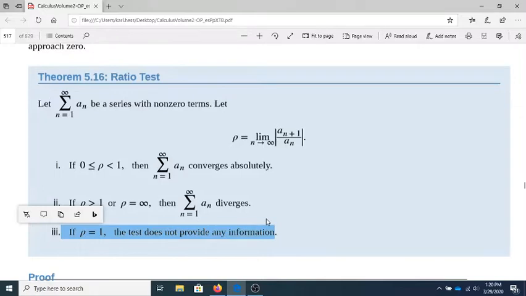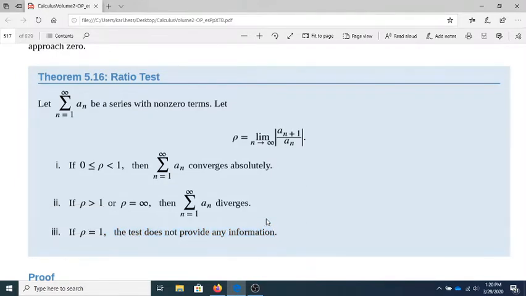At the moment that seems a little odd, because it feels like, hey, we know the answer is divergent, why can't we conclude divergent? But I'm going to show you another example to clarify why the theorem says that if the limit is 1, we shouldn't draw any conclusions from the ratio test.